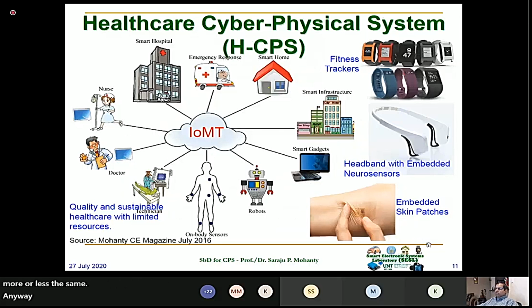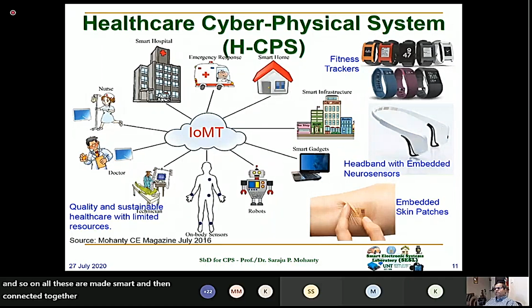Anyway, now an example of a cyber physical system is healthcare cyber physical system, or HCPS. We had a 2 hour discussion yesterday on this, and you can see the video, or you can see the slides. And here, the physical entities, like hospitals, ambulances, even medical devices, and so on, are all made smart, and they're connected together.